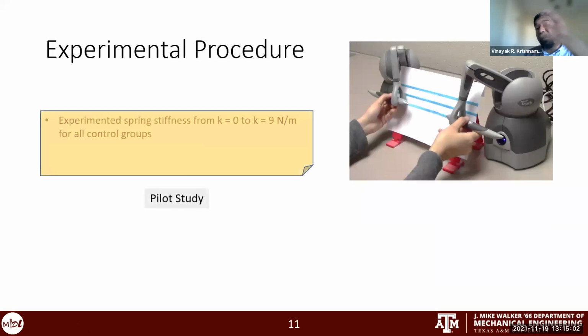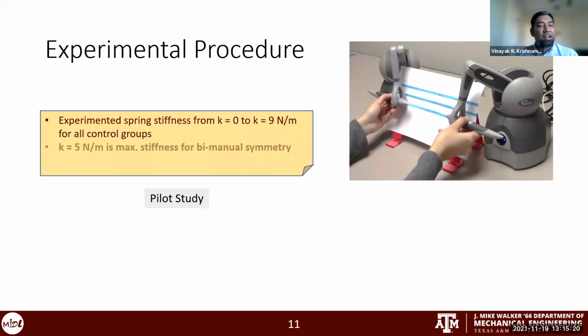Before I move on to the task, I just want to mention that in order to properly parameterize the task for different stiffness values of the spring, we first did a pilot study with 5 of those 14 participants, where we varied the spring stiffness for all 4 control groups. We found there is a sweet spot range for people to get confused.